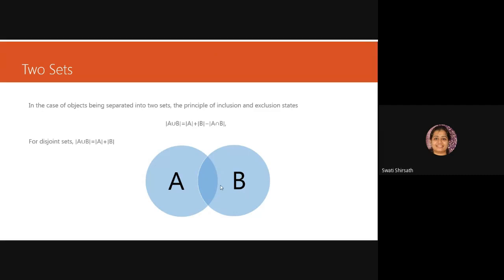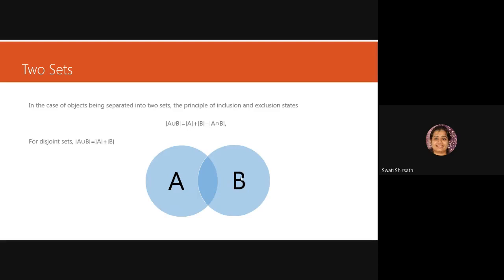So we always deduct the common portion from the light blue portion of A. If the cardinality of A is 20 and the intersection is 10, then 20 minus 10 is the light blue part of A. I'll explain this in the example.